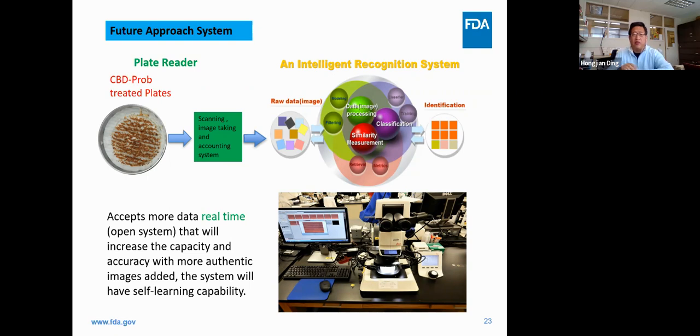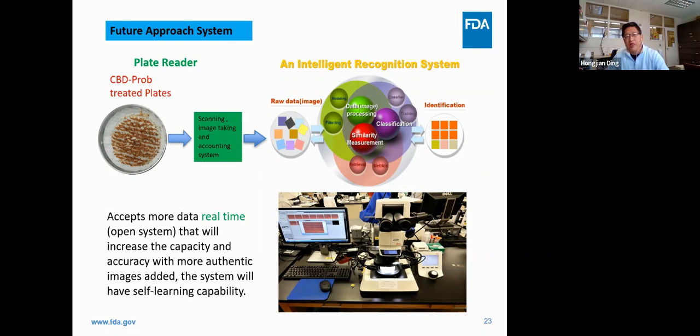In the future approach, the system will start with plates. The plates are treated by a CBD probe, then go through a microscope for scanning, image taking, and a counting system.